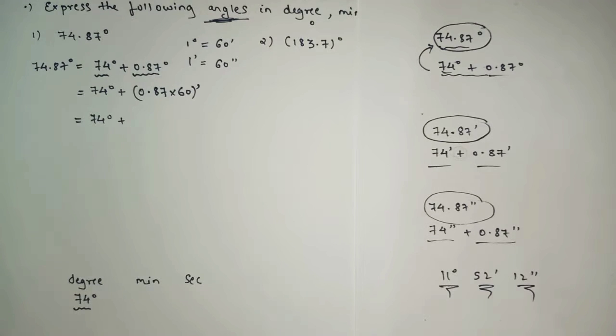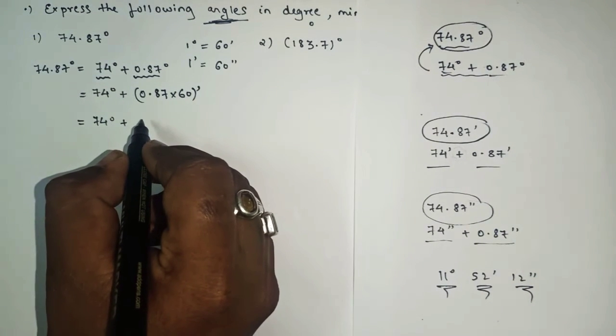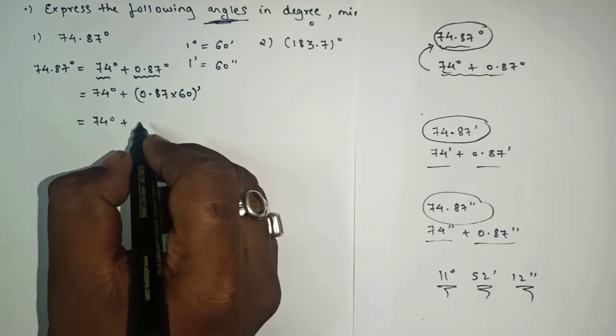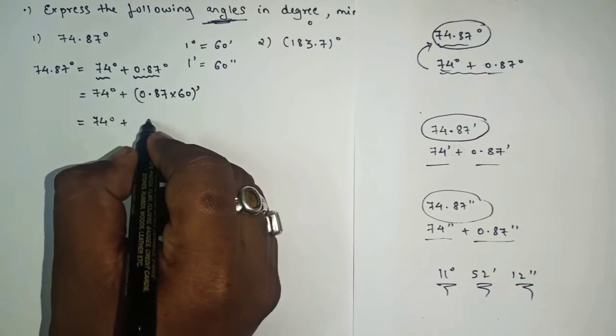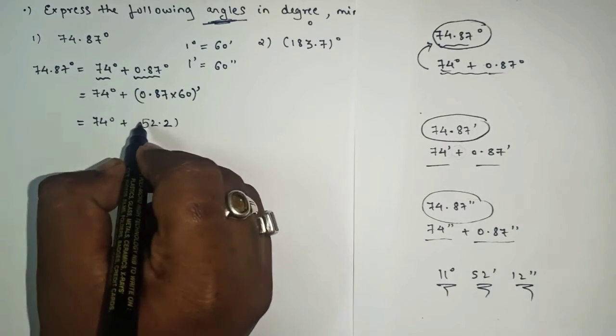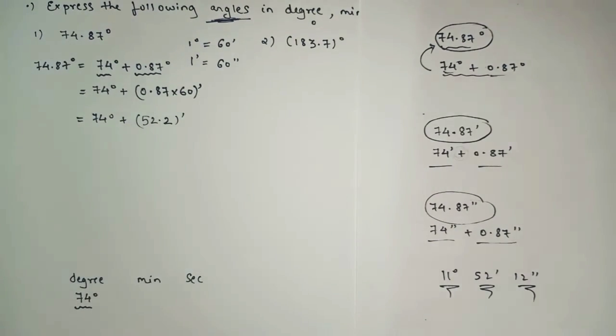After that you will multiply these two numbers. So you will get 6 sevens are 42, 48, 50, 52.2 minute. Yes or no? 52.2 minute. Understood?